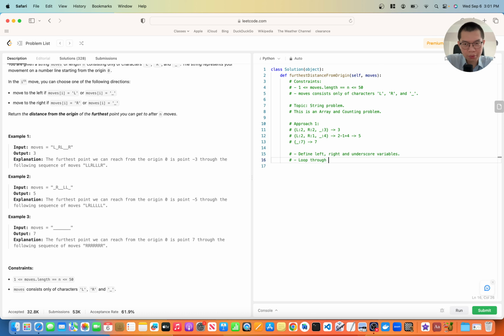Loop through the moves, for each move M, figure out if it's a left, right, or underscore, and update that variable.